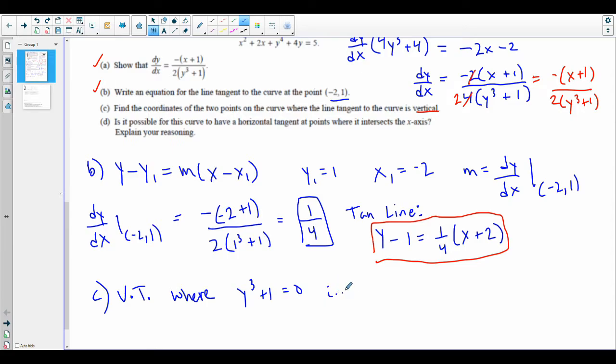In other words, where y is equal to negative 1. Because we want to avoid having a hole in our derivative, which would indicate it's not a vertical tangent, the top can't be 0. So y is equal to negative 1, and x is not equal to negative 1.